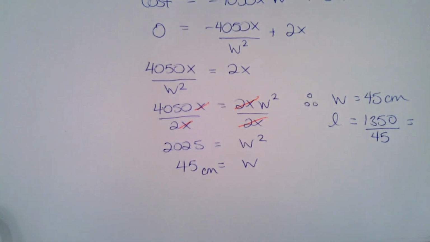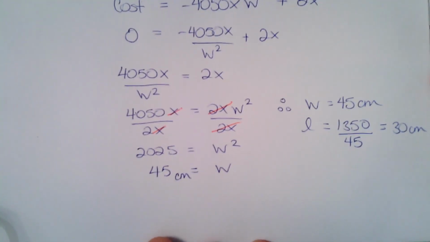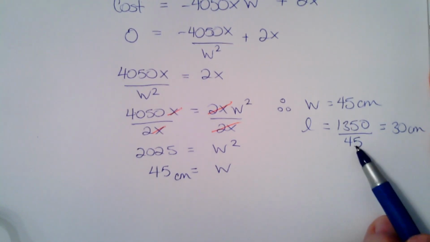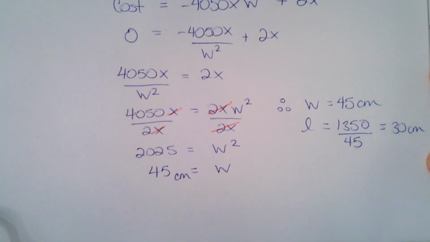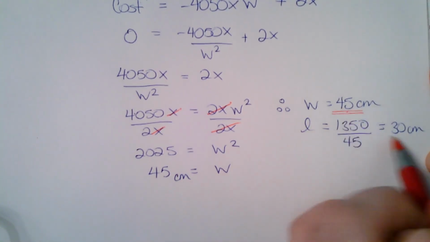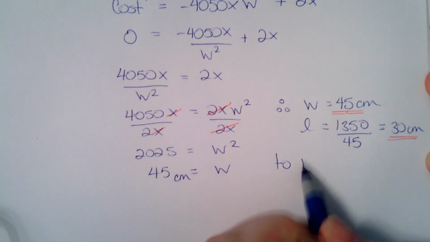That's from the formula up top. You can pause and have a quick look if you need to. Just go up near the top of the page, you'll see L equal to this. That's from your constraint, so as soon as I know W, I know L. So my width is 45, my length is 30. Those are the dimensions to minimize cost.